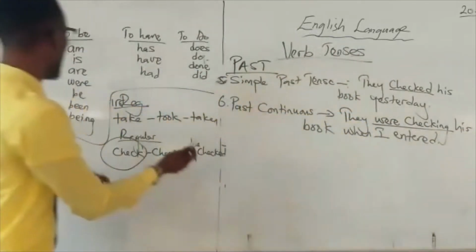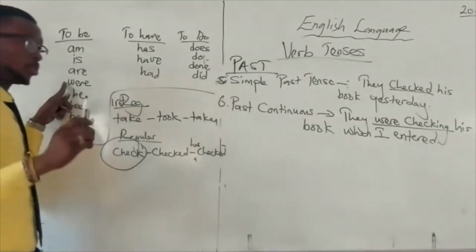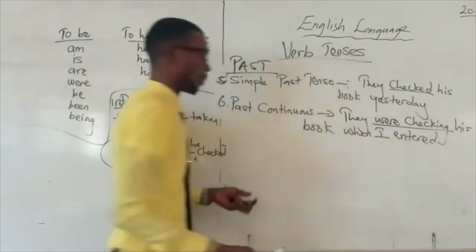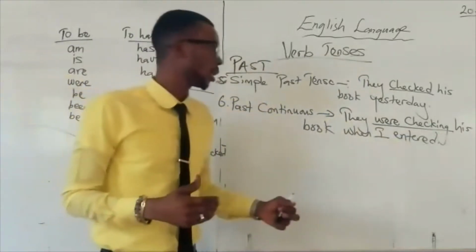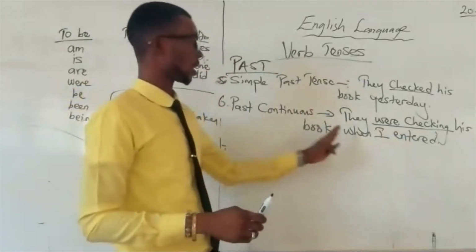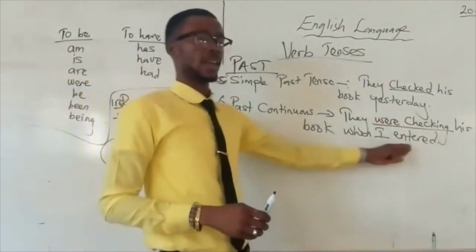You use the auxiliary verb were plus the main verb check plus ing. It tells you that it was an action that was going on when something else happened. So they were still checking his book when I entered.